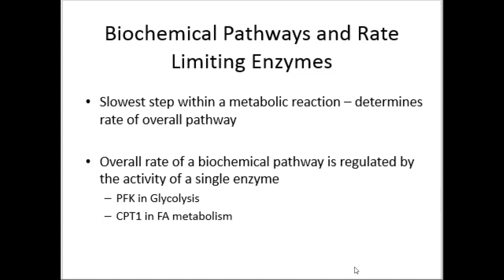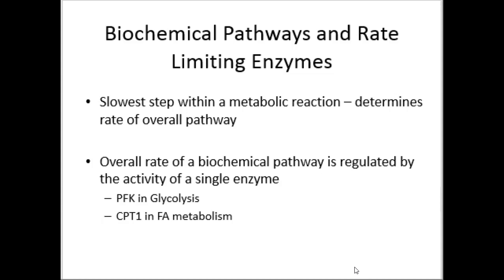And again, we talk about some key enzymes in our metabolic pathways that we've covered. So our rate-limiting enzyme in glycolysis is phosphofructokinase. And again, this is because it's the slowest enzyme in that glycolytic pathway. So the activity of this enzyme, or the rate at which this enzyme catalyzes that reaction, is going to determine how quickly glycolysis can occur.